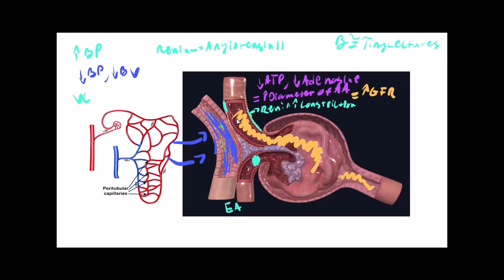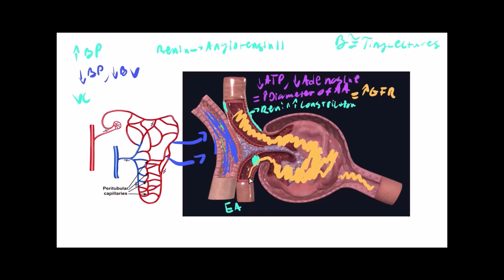Why is that? Well, we want this afferent arteriole to widen, because when we widen the afferent arteriole, we're increasing the GFR. Now we have more filtrate being formed, but we still want to limit the efferent arteriole. We want this filtrate to build up. If we close this efferent arteriole, there is more time that the blood builds up in this section. So it wants to leave, but it can't really leave.